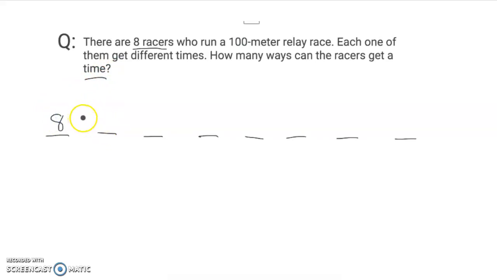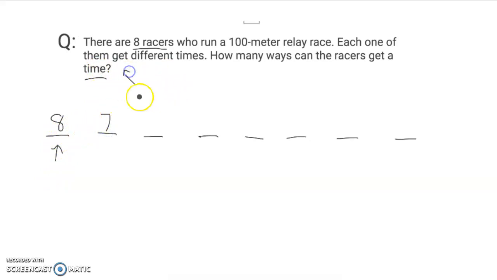The second racer, you might be thinking, would take 8 times, but that racer wouldn't take 8 times because the first spot over here already took 1 time. So it's 8 minus 1, which is 7.